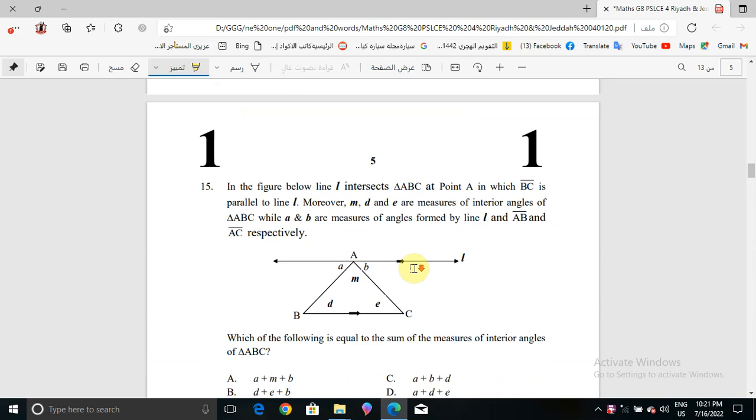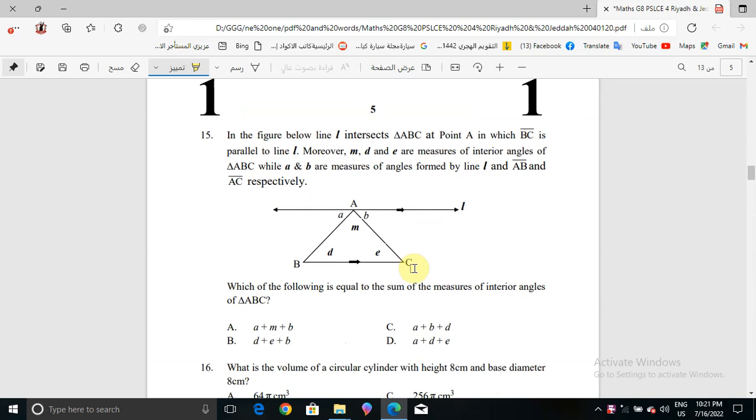Okay, now in question number 15, in the figure below, we have line L intersecting the angle ABC at point A, in which arc BC is parallel to line L. Moreover, M, D and E are measures of interior angles of angle ABC, while A and B are measures of angles formed by line L and arc AB and arc AC respectively.